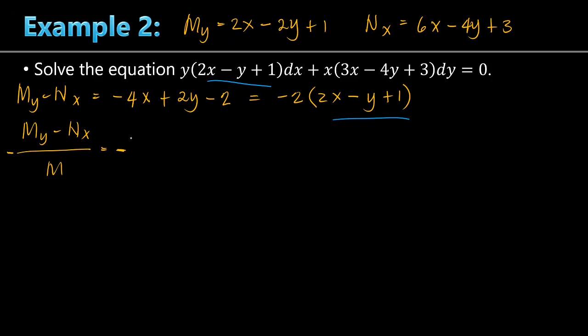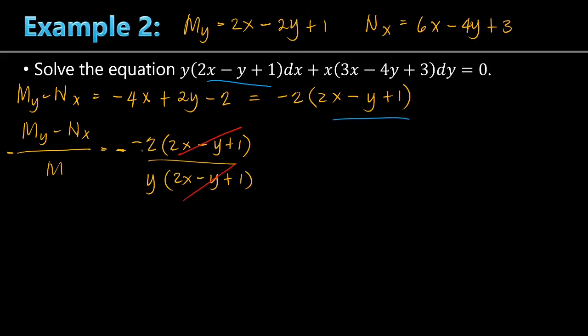So, I'll just copy this expression, negative 2 times 2x minus y plus 1 over yung m, is y over 2x minus y plus 1. Ayan, kitang-kita naman natin. Magka-cancel ito. Ayan, nag-cancel na siya. Now, ang matitira sa atin is yung negative of negative, so positive 2 over y na lang. Yan ang aking g of y. Okay, so from here, makukuha ko na ngayon ang aking integrating factor. Ano nga ang integrating factor?